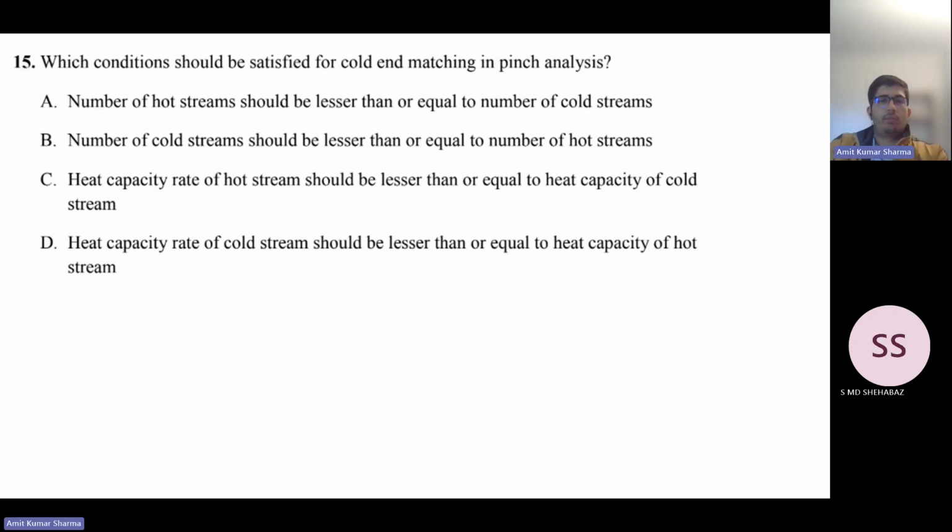Which condition should be satisfied for cold end matching in pinch analysis? Earlier was for hot end matching, now this is for cold end matching.